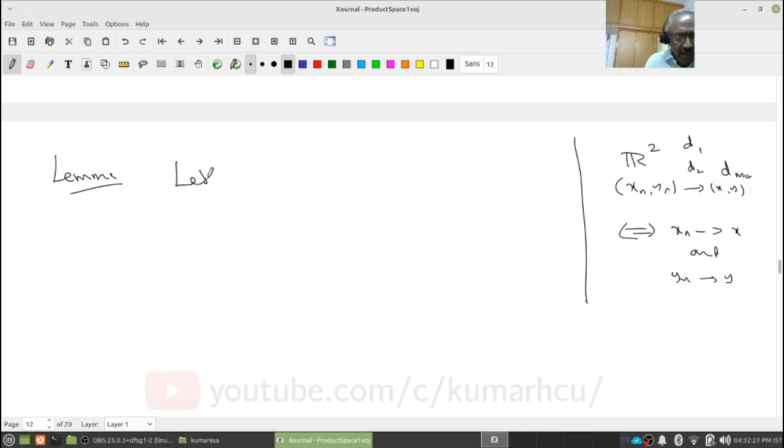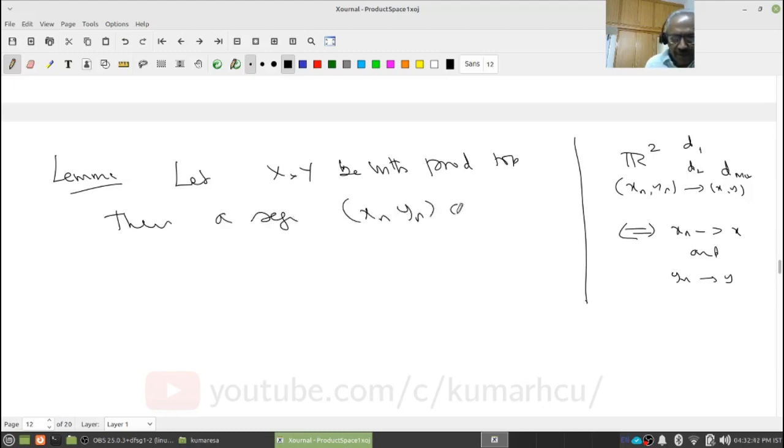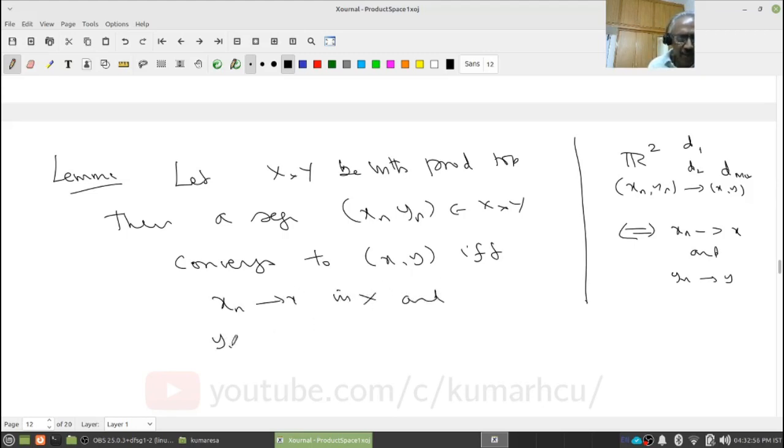We are going to prove a similar result about the product topology. So let X cross Y be with the product topology, then a sequence (xn, yn) in X cross Y converges to (x, y) if and only if xn converges to x in X and yn converges to y in Y. Okay, please pay attention.